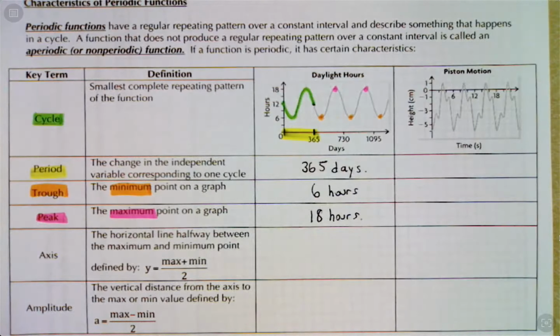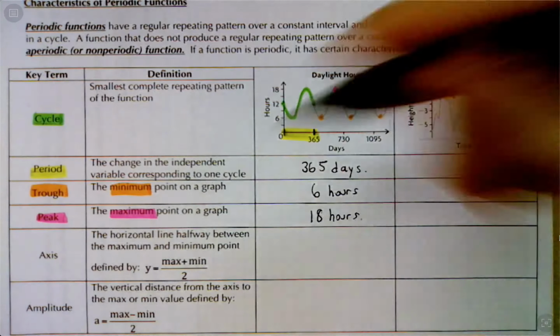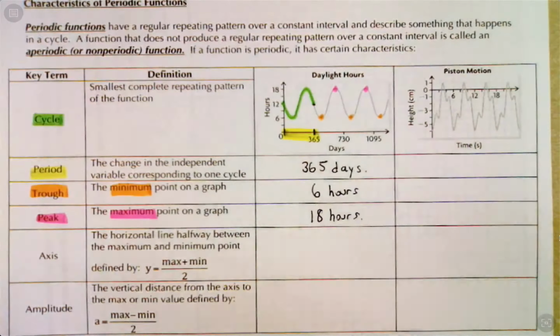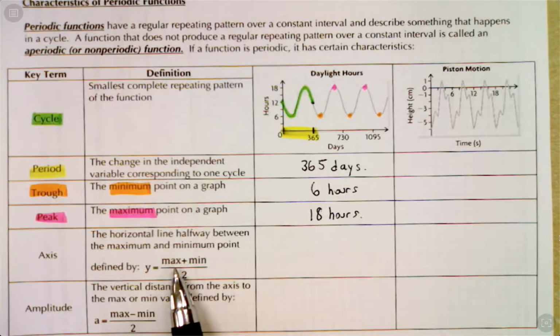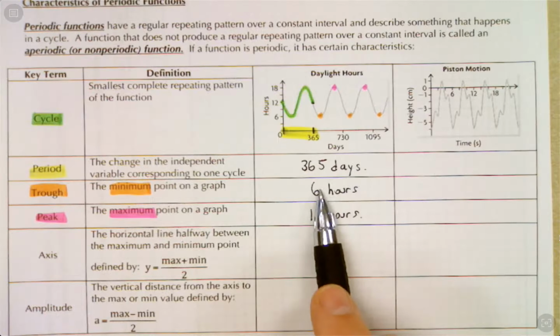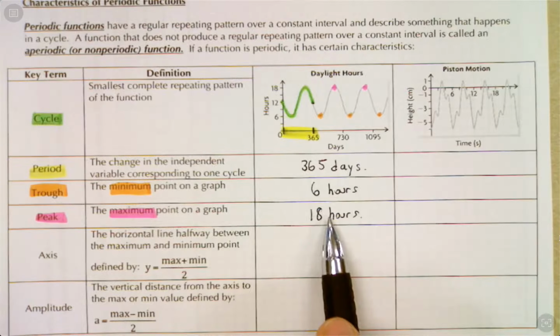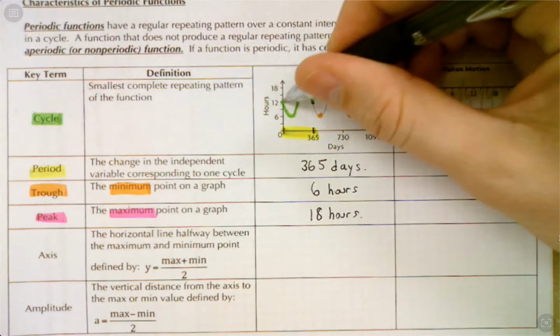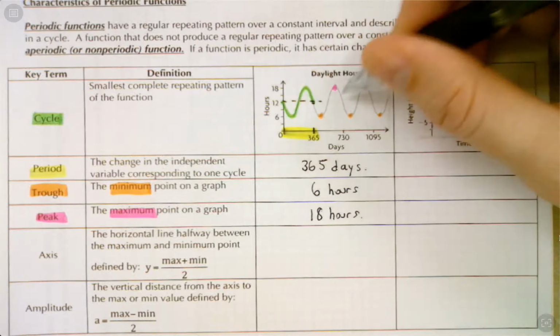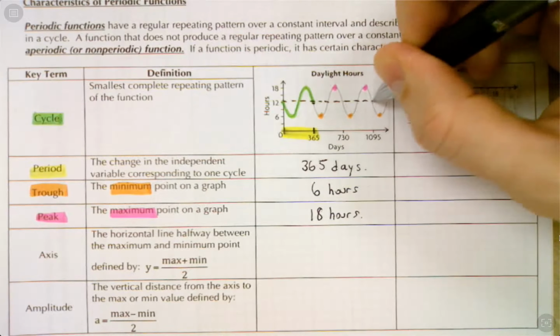Axis is the horizontal line that goes halfway between the maximum and minimum. And it's defined by, you can do a little bit of an equation, max plus min divided by 2. So if we use these two numbers, 6 plus 18 is 24, divided by 2 is 12. The axis should be right in the middle at 12. And if I draw it on here with a dashed line, there it is. It's right in the middle.